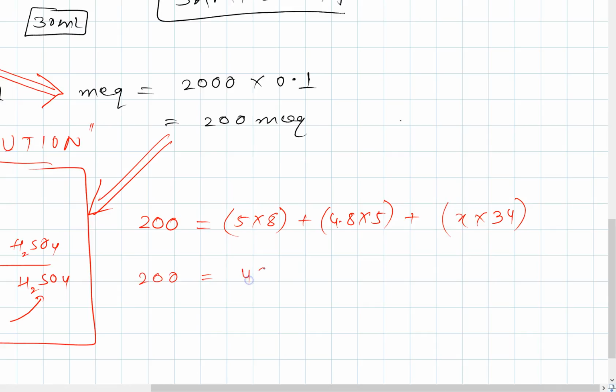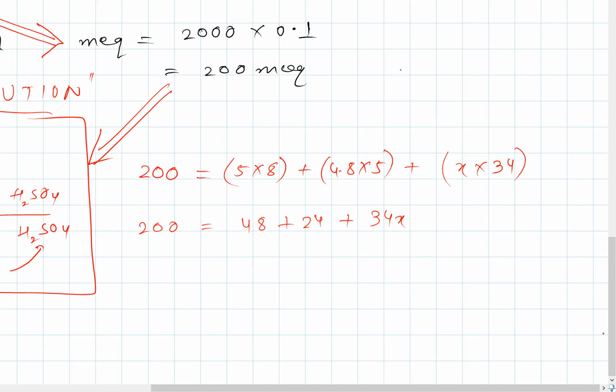It's a matter of solving it from here. 200 is equal to 48 plus 24 plus 34x. Fair enough? 48 plus 24 is 72. Oh, 5 8s are 40. That's my mistake.